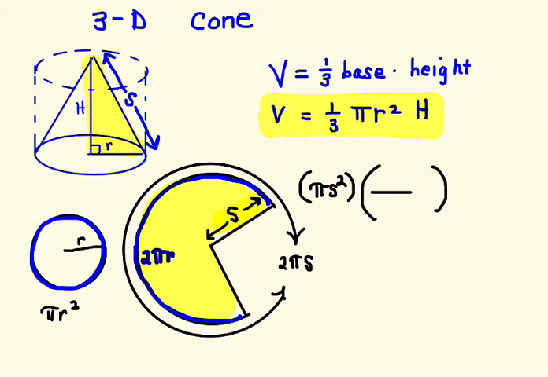We're only taking a circumference of 2 pi r over a circumference of 2 pi s. This top one is the circumference of the little circle, just the blue around here. And the bottom one is the circumference of the whole thing. So if we take their ratio, we have a proportion that represents the proportion of the surface area that we're taking for the sides of the cone based on the entire circle.